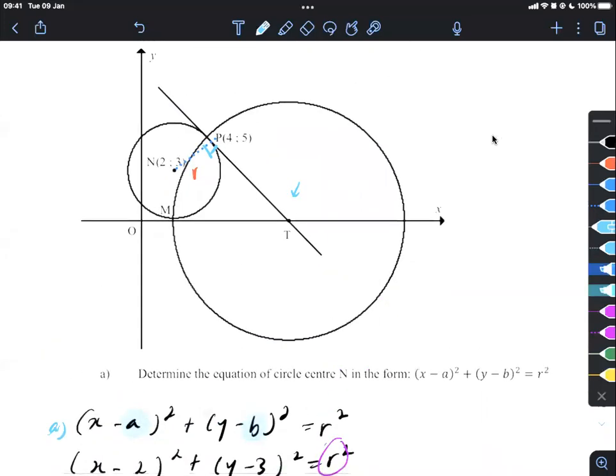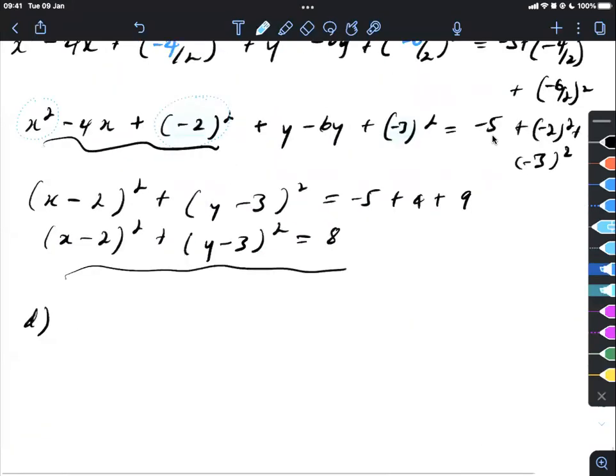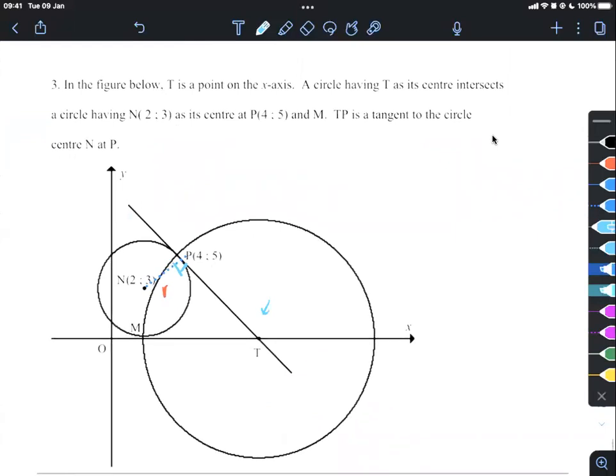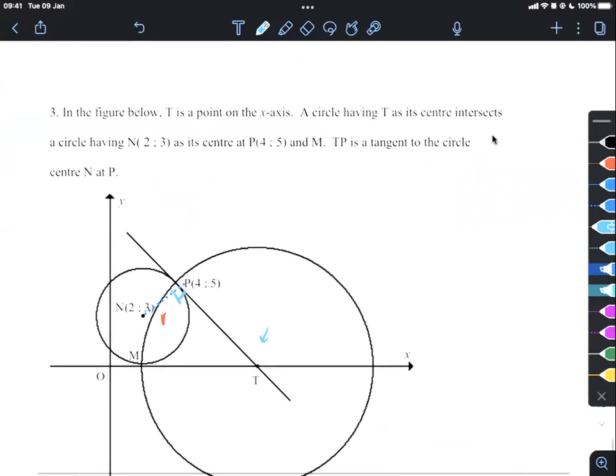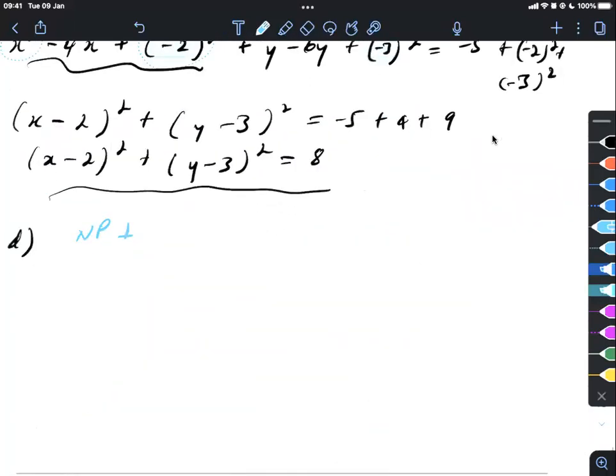We should be able to get the gradient of that using the property that the gradient of NP multiplied by the gradient of PT gives -1, as they are perpendicular lines. I'm not sure they said that information, but we know that NP and PT are perpendicular to each other.